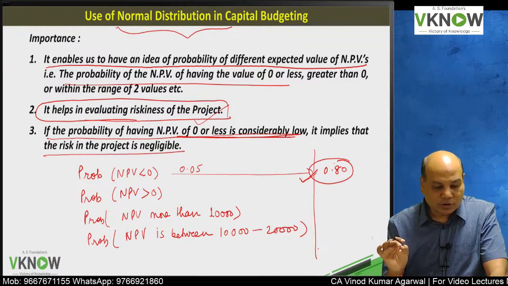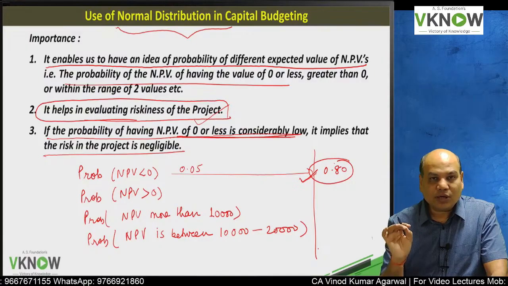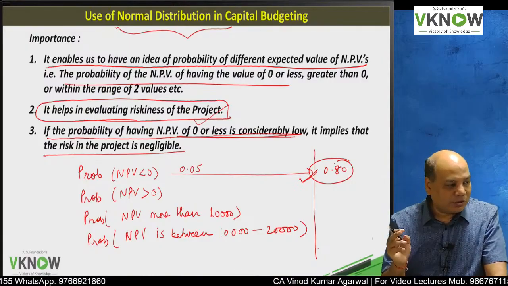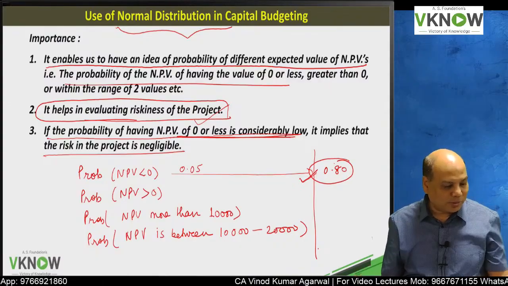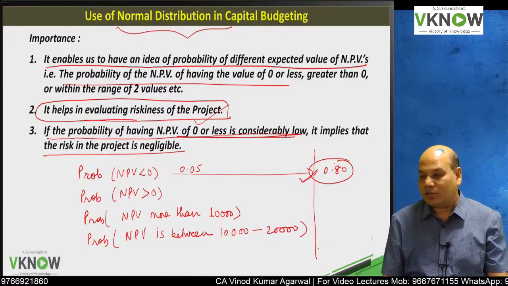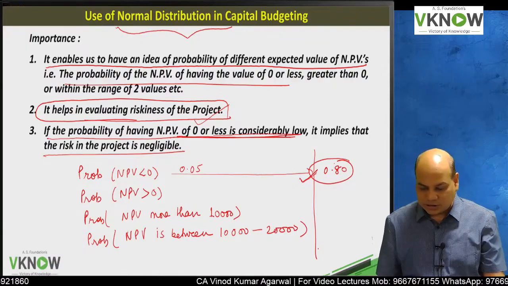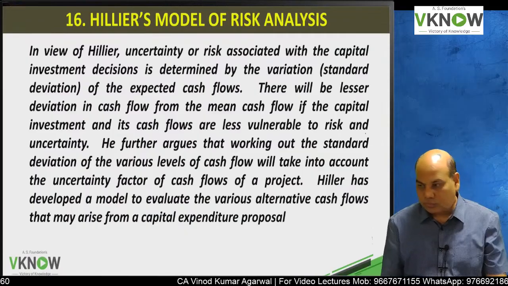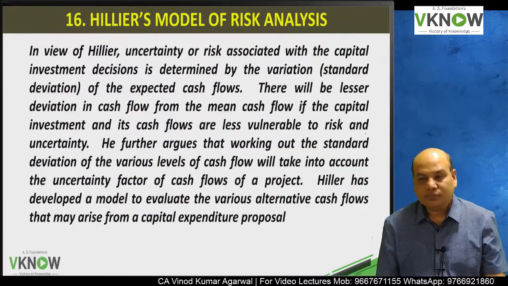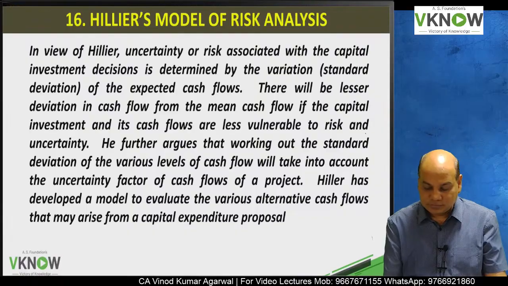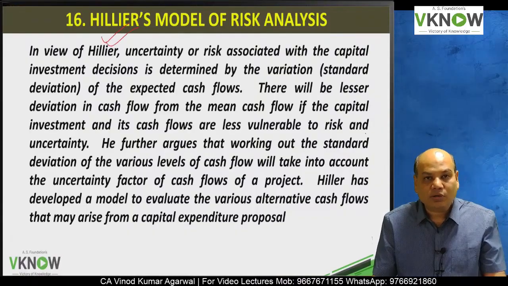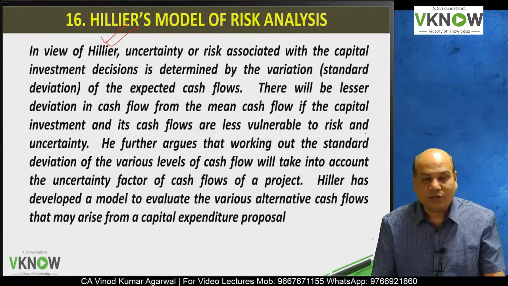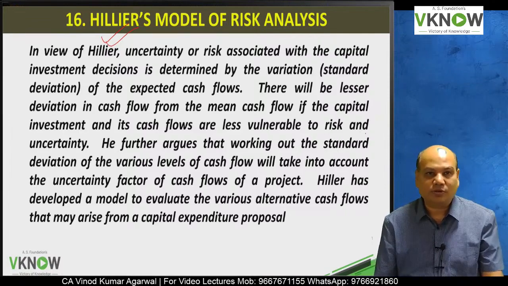In the next few questions I will show you how to calculate the probabilities of different NPVs, and this will help you to understand the risk. So today's topic would be dedicated to normal distribution in capital budgeting. Then there is one Mr. Hillier. Mr. Hillier has given a formula to calculate standard deviation of probability distribution.